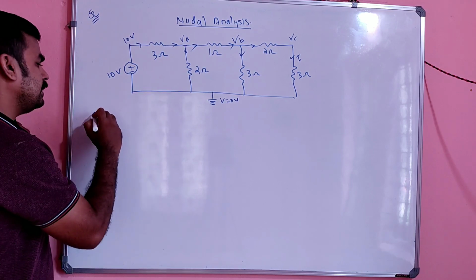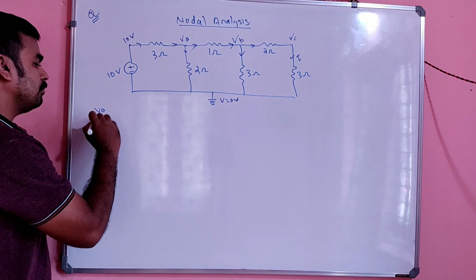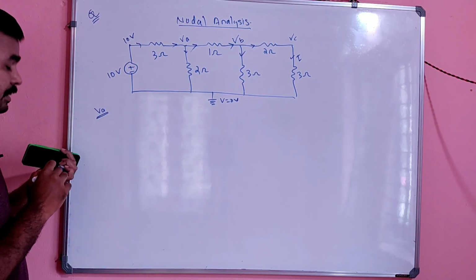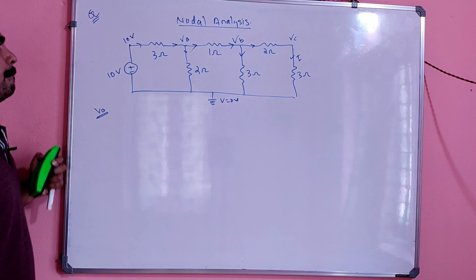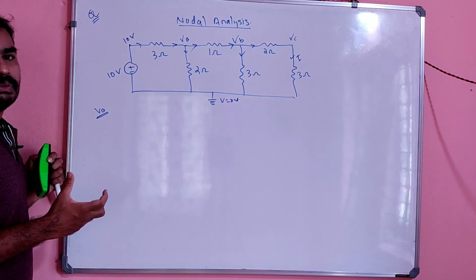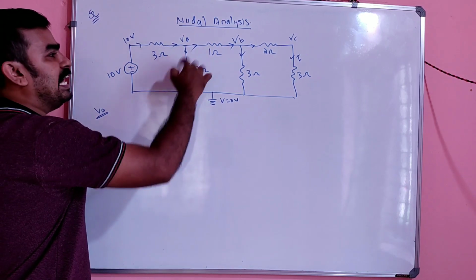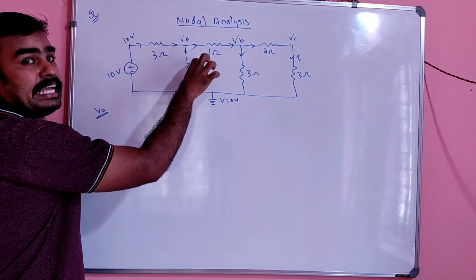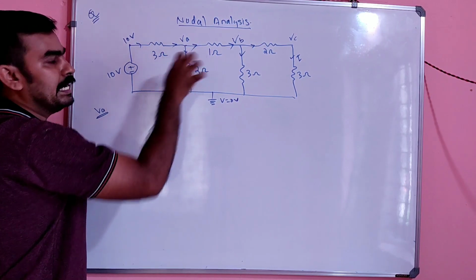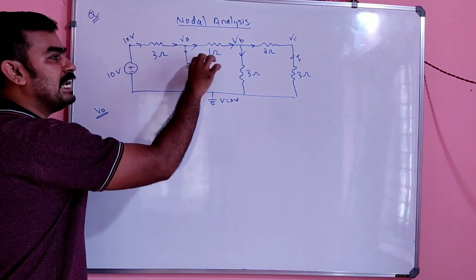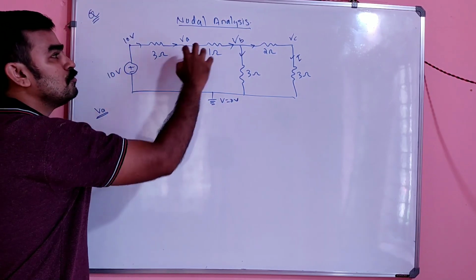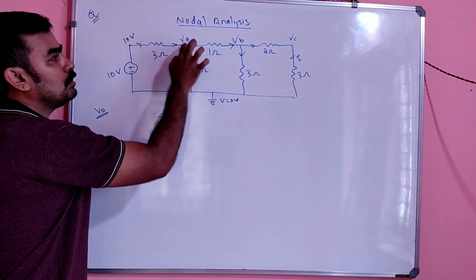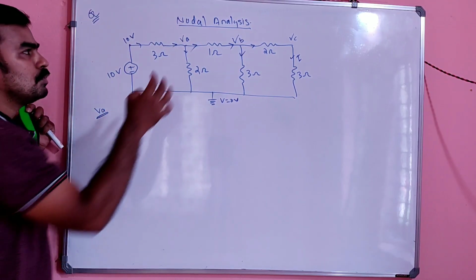So considering node A, I write it as VA. When I am considering here, you have to write the current through each branch or each element which is connected to that node. You have to write the current equation for each element connected to that node.